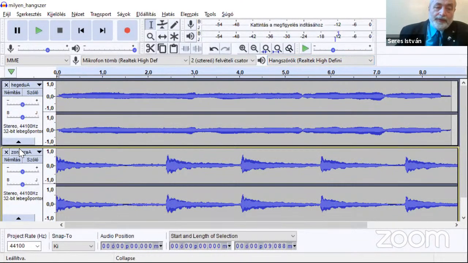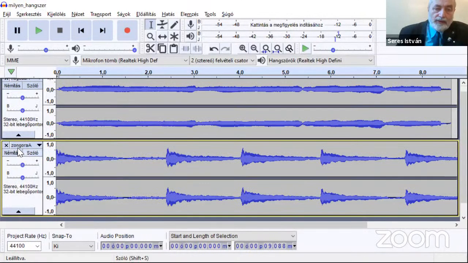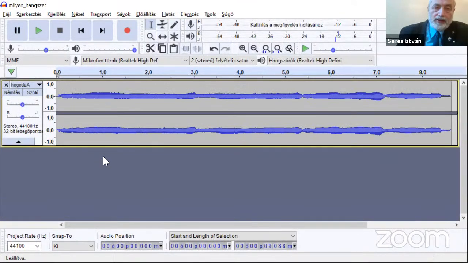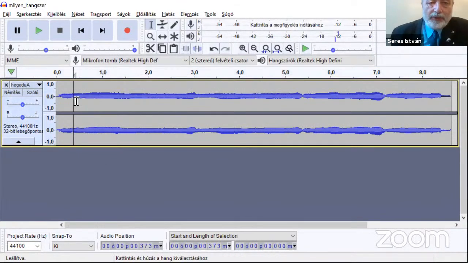With this audio software, I would like to demonstrate what we measured. Actually, I made a mistake. No problem, I can open it again. So I will just play a sound for you. I hope that you will hear it.